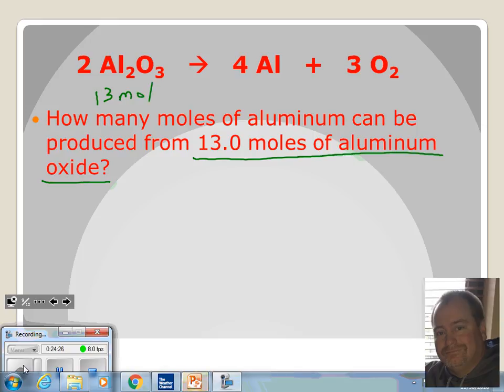The question asks me to calculate moles of aluminum. So I need to go from moles to moles, moles of aluminum oxide to moles of aluminum. So we're going to do it the same way we have been doing things. We're going to write down what is given to us: 13 moles of aluminum oxide.